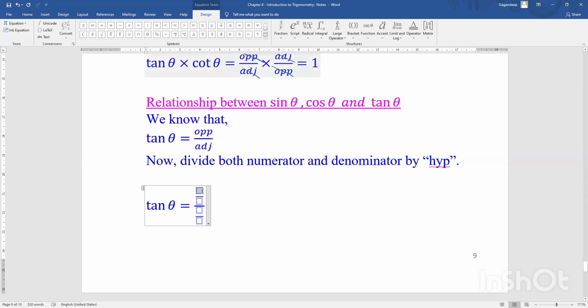I'm dividing this opposite by hypotenuse and adjacent also, I divide it by hypotenuse. Okay.